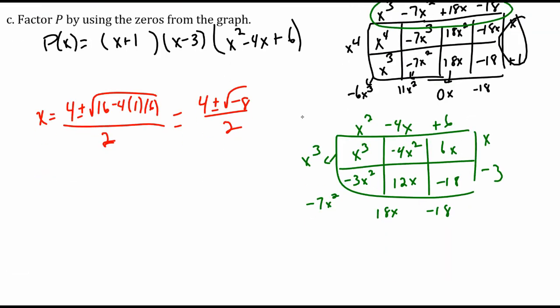Well, that negative is freaking me out, so it's i radical 8, but 8 can get broken up into 2 radical 2. 4 plus or minus 2i radical 2 all over 2, which gives me 2 plus or minus the square root of 2 times i, once I use the commutative property there.